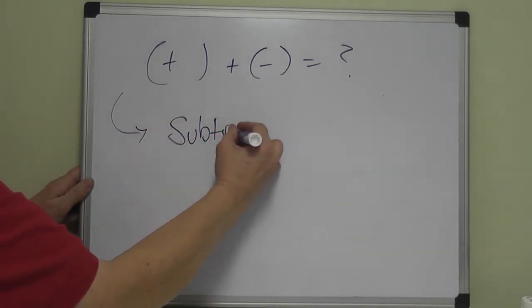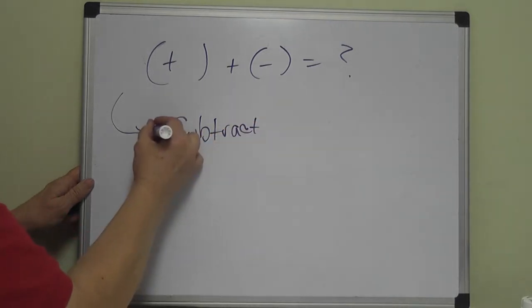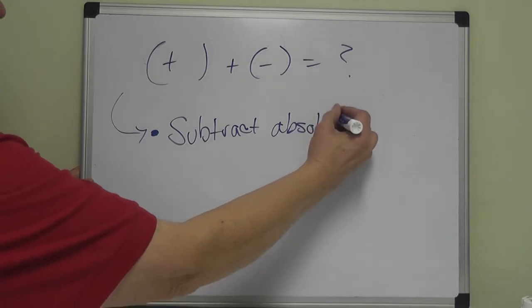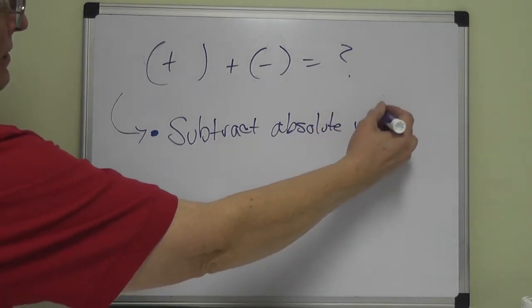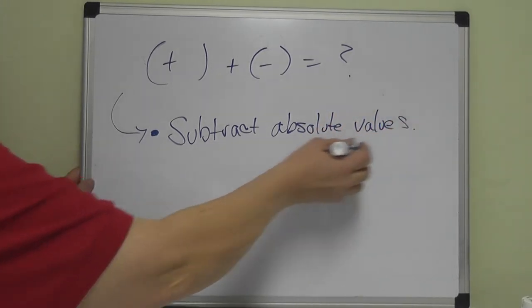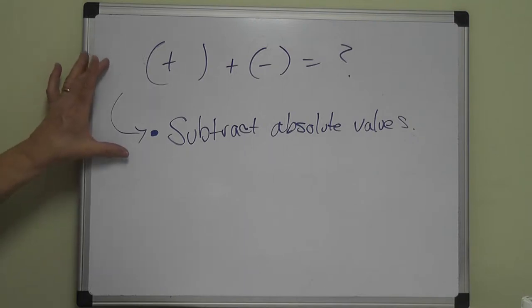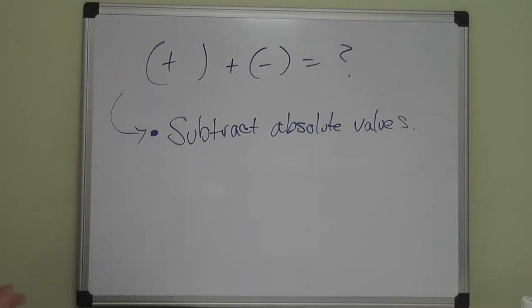First, you're going to subtract absolute values. And what are the absolute values going to be? Doesn't matter if you've got a negative rational number or a positive rational number. Their absolute values are going to be positive because absolute value is positive.